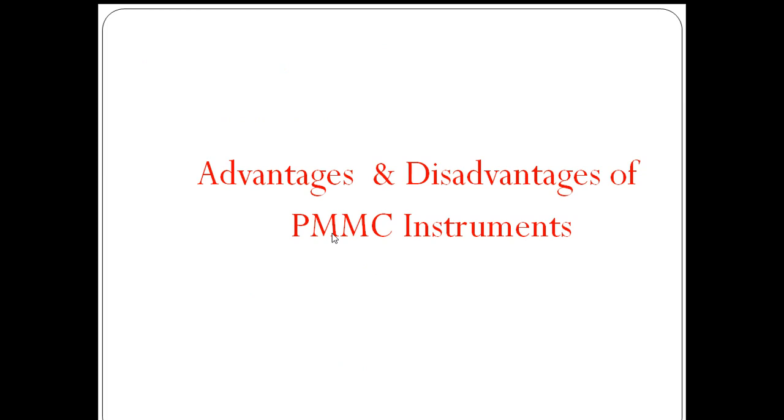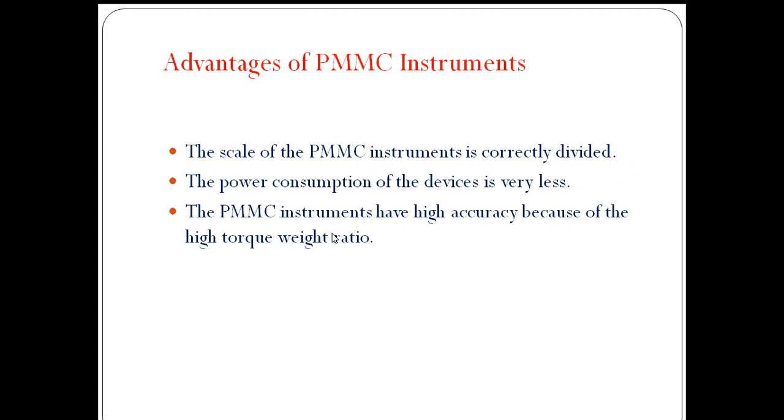Now we will see the advantages and disadvantages of PMMC instruments. Mainly the advantages of PMMC instruments are: the scale of the PMMC instrument is evenly divided, so it is a uniform scale. The power consumption of the device is very less.